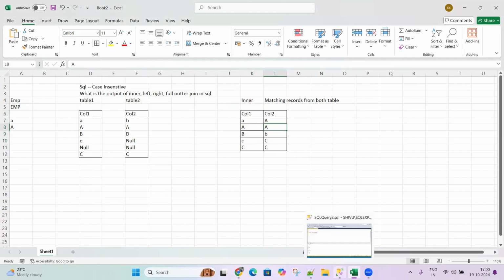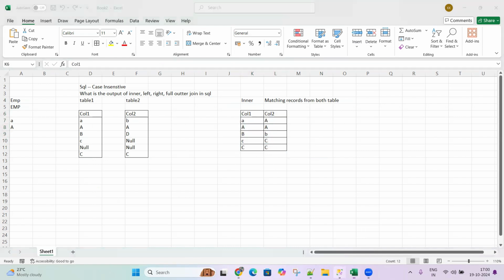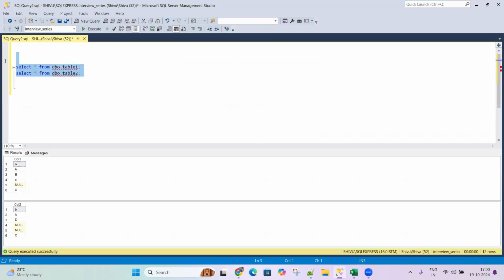Now let's see the same in our SQL, whether this output is correct or not. I have two tables here. Table one has these records, the same records we took in our Excel sheet, and table two has these same records. Now let's write a SQL query to join these two tables.